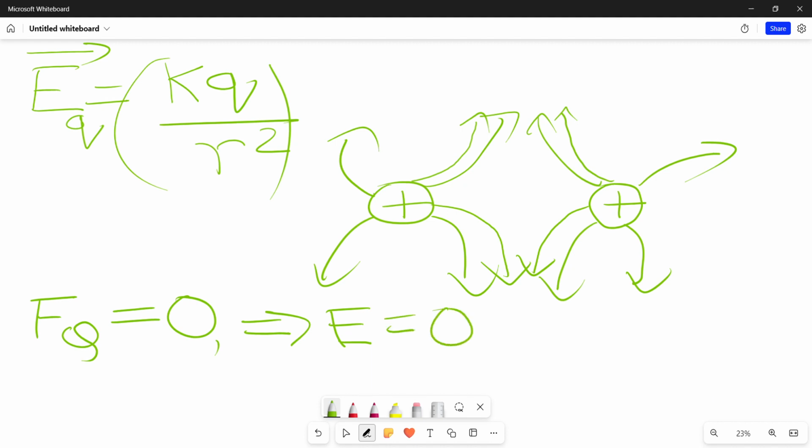Hence, all we have to know is where the E field is 0. There, if we place a third positive or negative charge, the force vectors cancel out, hence it will not move. So, keeping in mind their vectors, we really want to know the location.